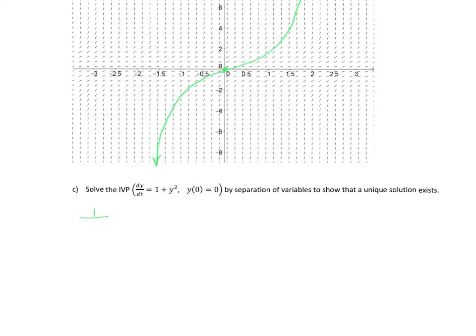So I have 1 over 1 plus y squared dy equals dt. Integrate both sides. 1 over 1 plus y squared, that's the derivative of arctan. So this is arctan y equals t plus c. And then I'm going to solve for y by taking the tangent of both sides.